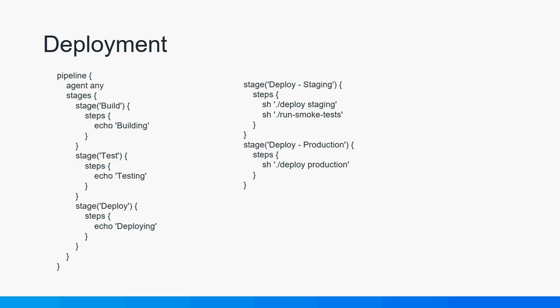Based on the code in different branches, you can actually pick up different Jenkins files as well. You can have all the configuration or all the stages in the same Jenkins file, or based on the branch, you can have different Jenkins files. So pick up the right stuff based on the branch state.